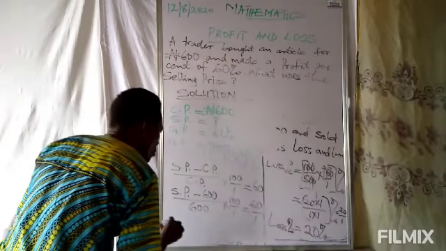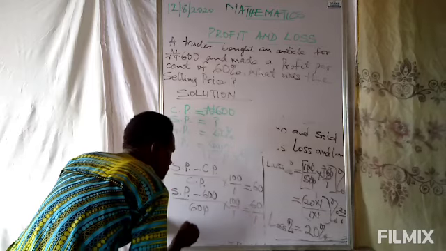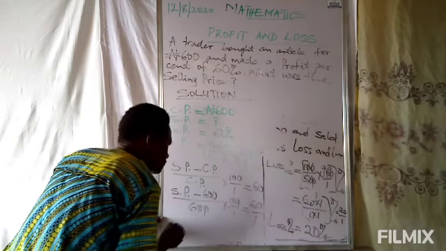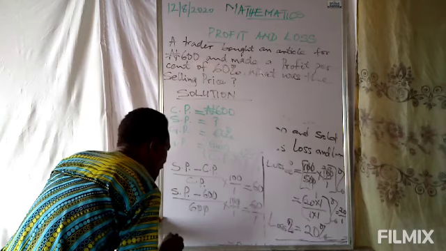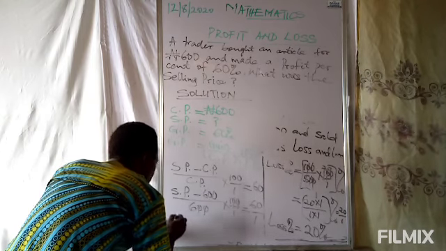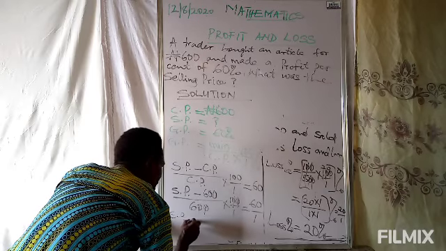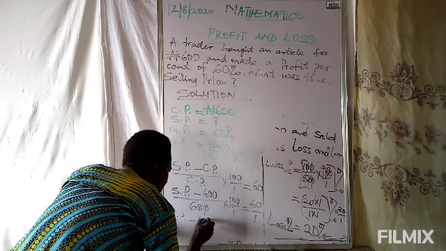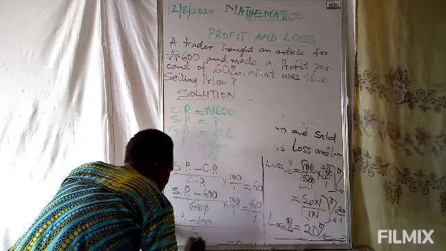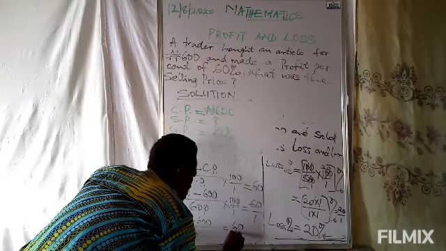So we now cancel 0 here, 0 here, 0 here. So we now have SP minus 600 all over 6 is equal to 60 over 1.